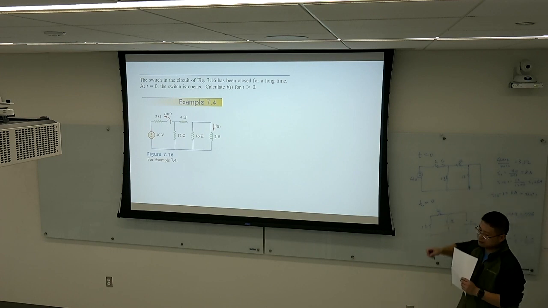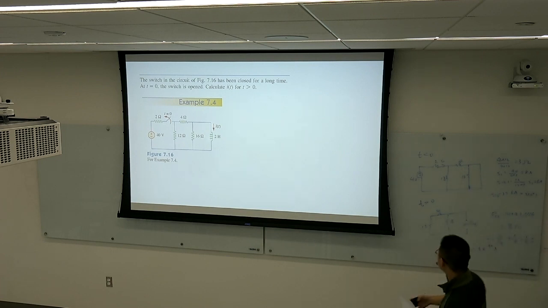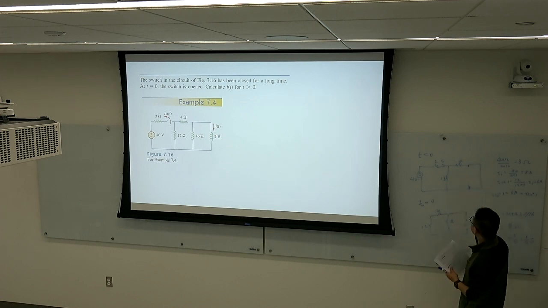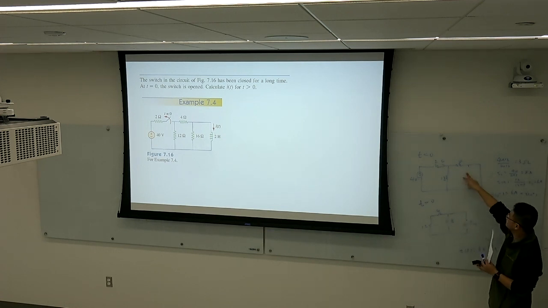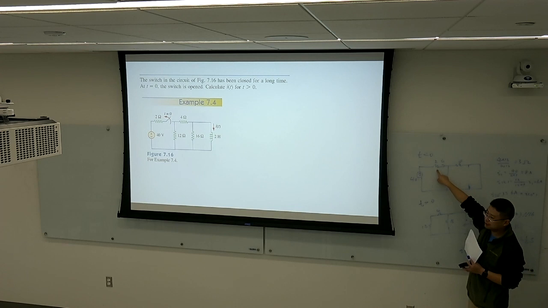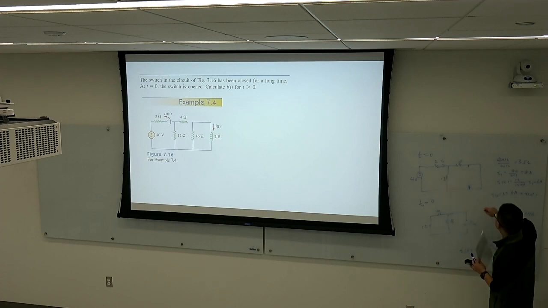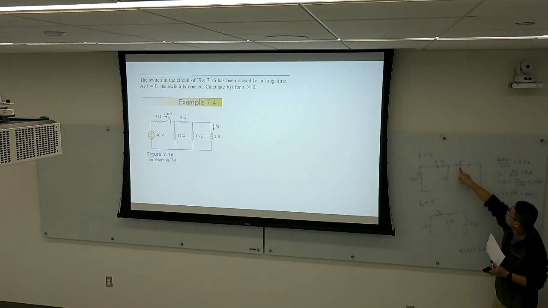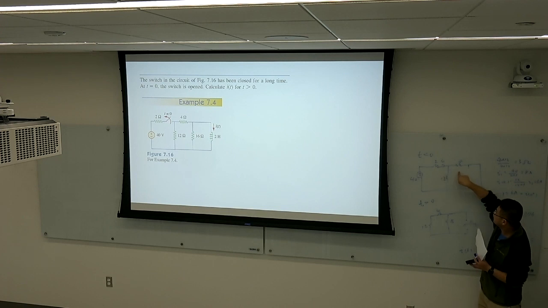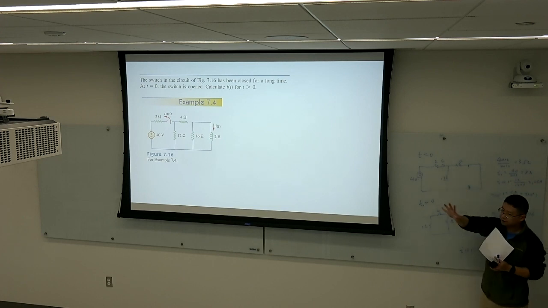So we can remove it. The circuit looks like this. The 12 and 4 are in parallel, and then in series with this 2. The 12 and 4 in parallel give an equivalent resistance of 3, and then 3 in series with this 2 is 5 ohm.